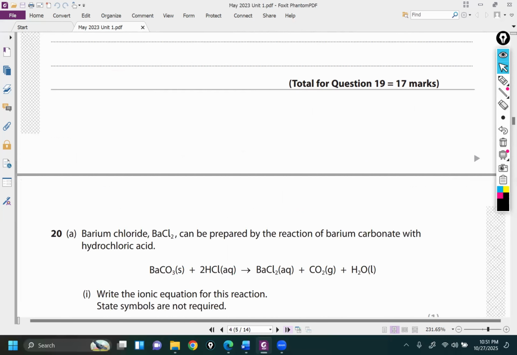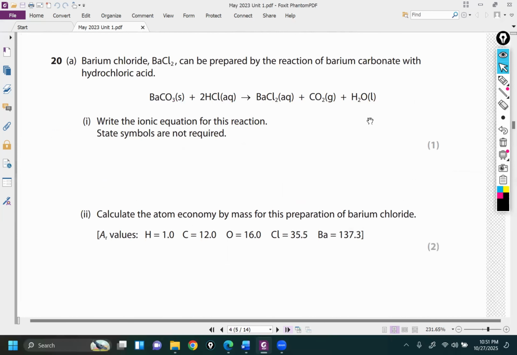Now, the next question is question 20, part A. Barium chloride can be prepared by the reaction of barium carbonate with hydrochloric acid. The equation is given to you. They are asking to write the ionic equation for this reaction.